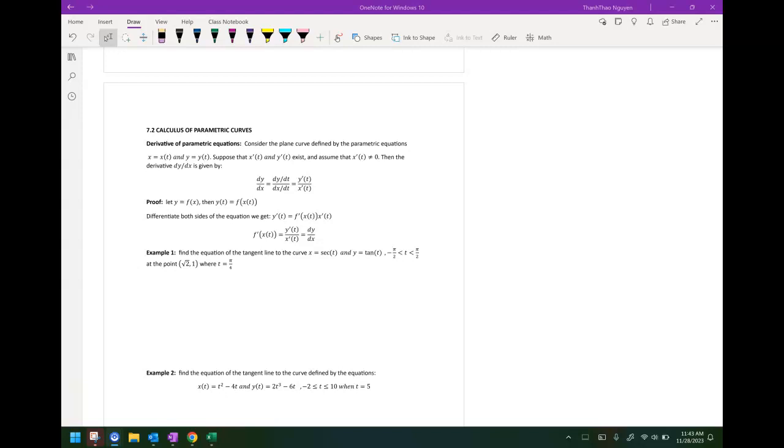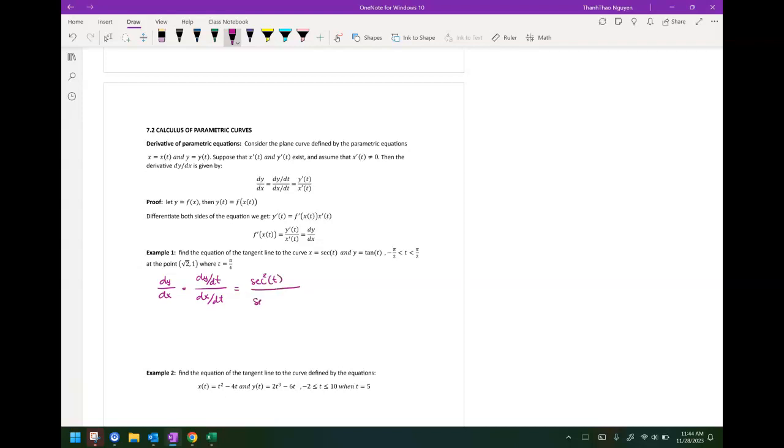To find the slope of the tangent line, we take the first derivative, dy/dx, which is equal to dy/dt divided by dx/dt. The derivative of tangent of t is secant squared of t.